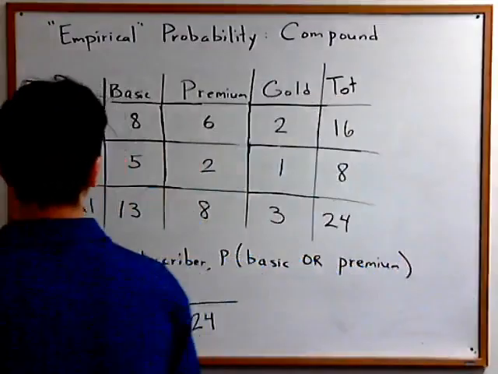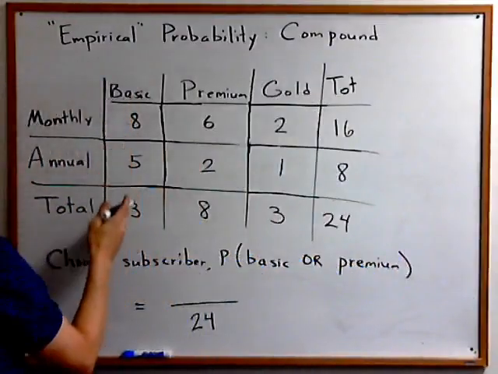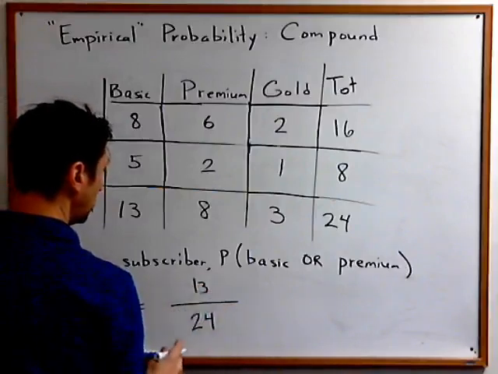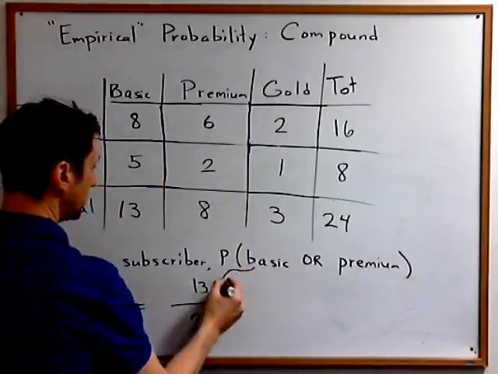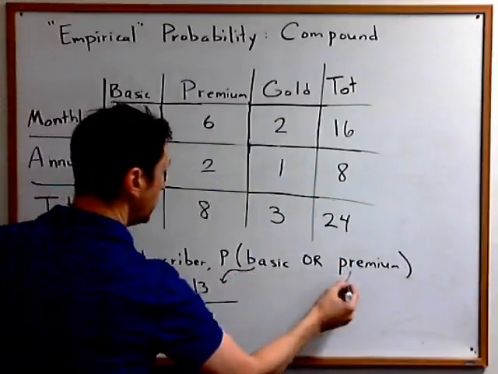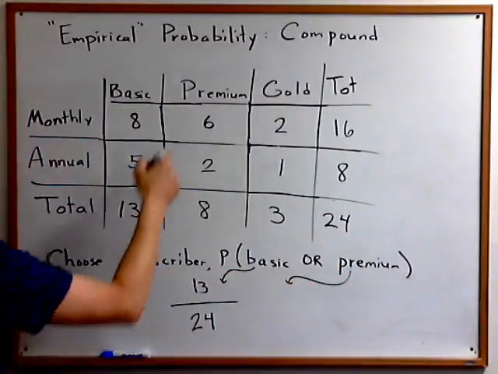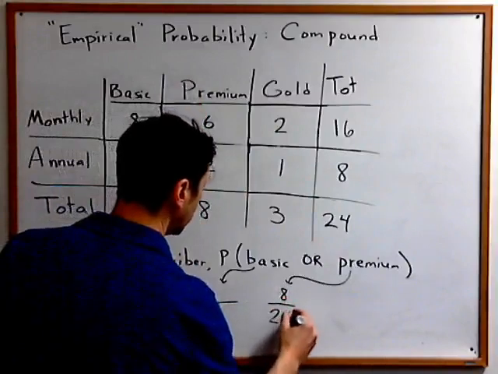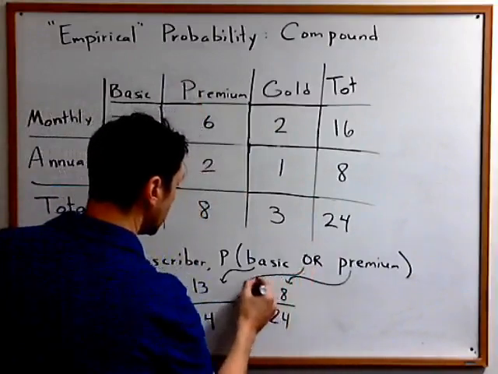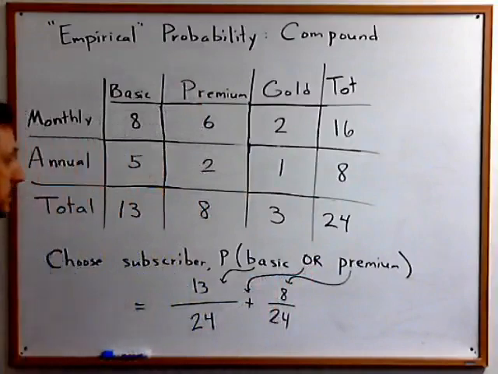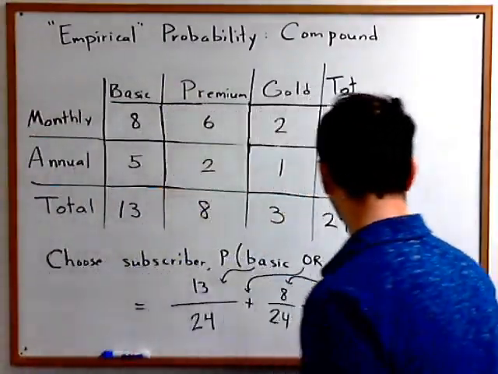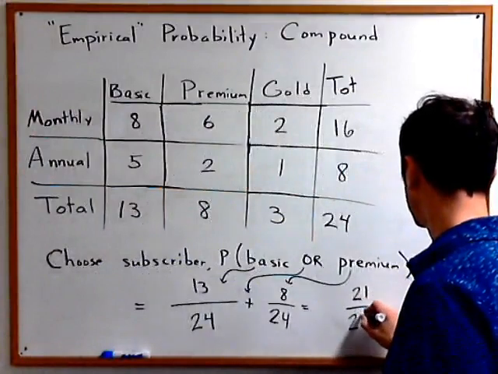How many basics are there altogether? There are 13 of them. So this is the basics. And then how many are premiums? 8 out of the 24. And what does or mean? Plus. So when we add those together, we get 21 out of 24.